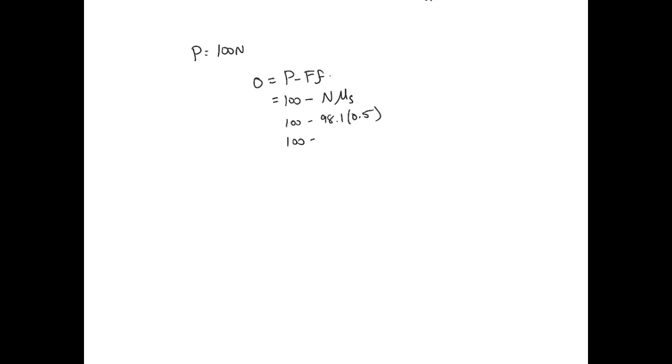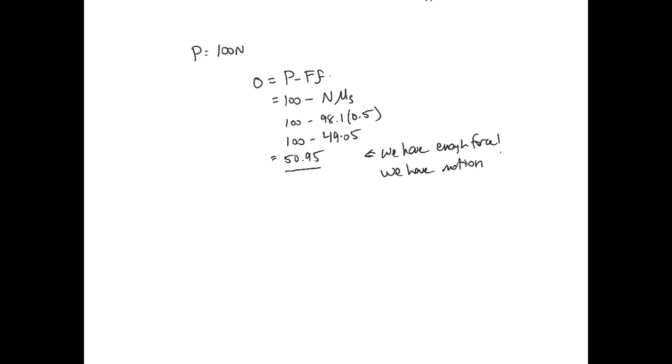So then 100 minus 49.05 is equal to 50.95. This here tells us that we have enough force to overcome that friction. We have enough force. So this tells us that we have motion.